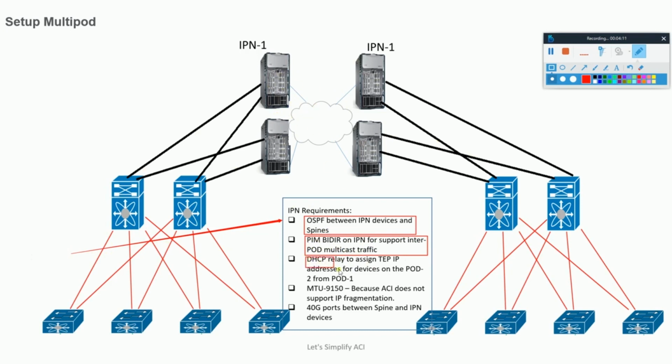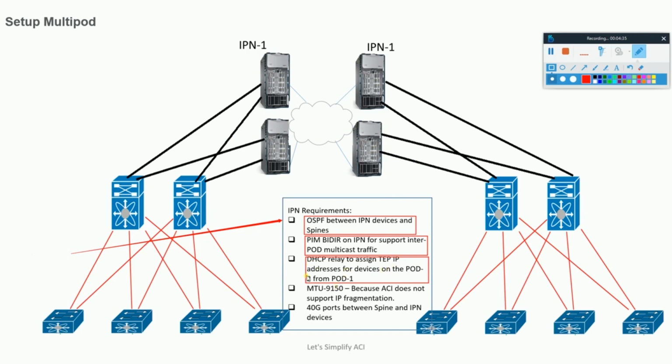The other important point is we have to configure DHCP relay. This particular DHCP function of the IPN devices would be used when, for example, you have configured this side of the pod, and using these IPN devices, the TEP IP addresses for pod 2 devices will be assigned from the IPN devices.